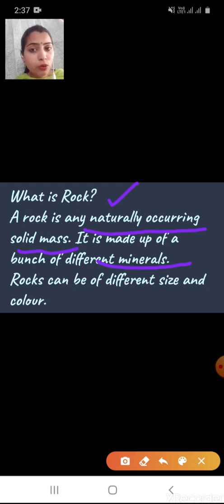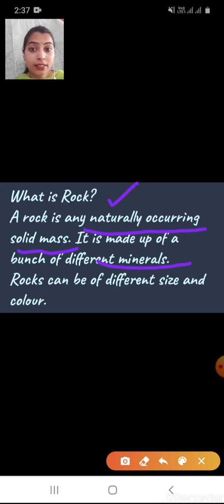Whenever you go to construction sites, you have seen small pieces of rocks used in making cement, which we call bajri. All these small pieces of rocks are of different shapes and even different colors.